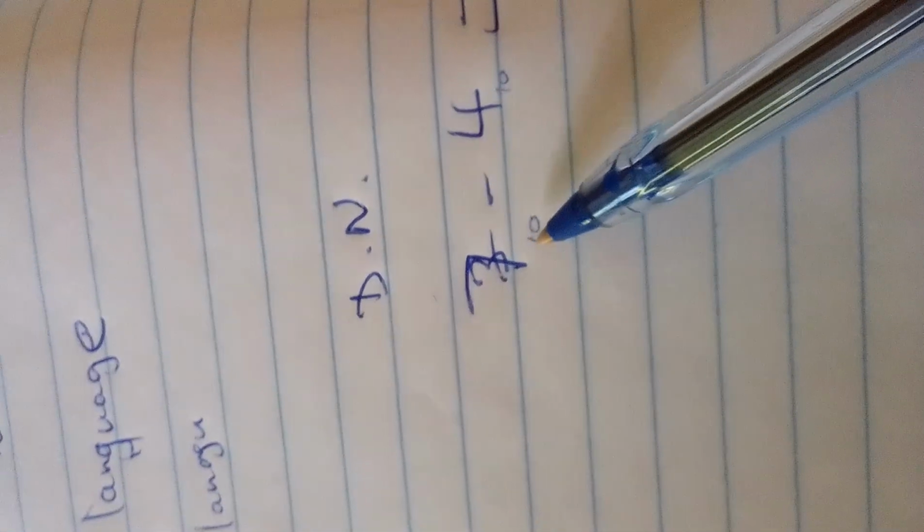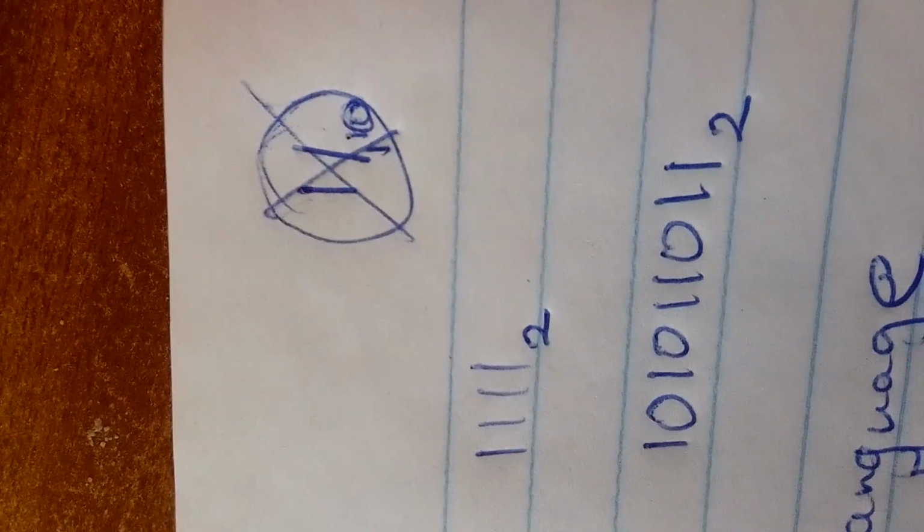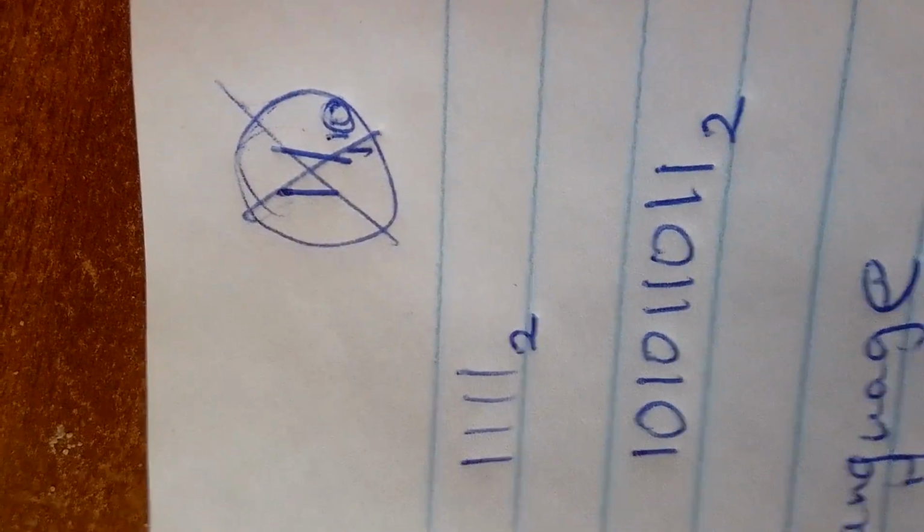So it is upon the CPU through the input unit to convert this number system that is base 10 to an equivalent base 2 number system. Also it will do this to 4 to get another base 2 number that will be converted back to the decimal number system.